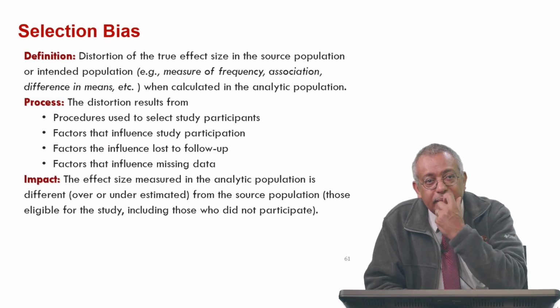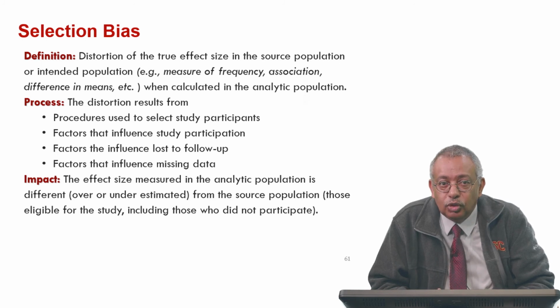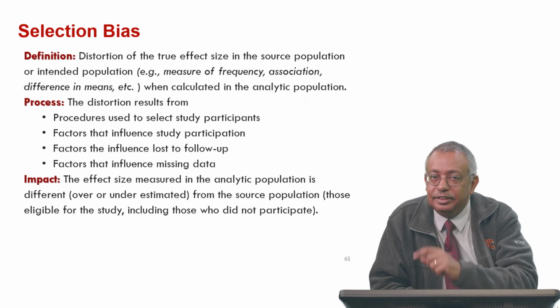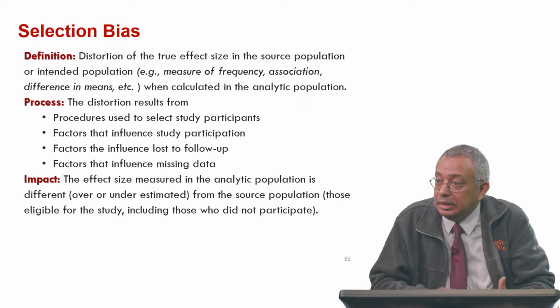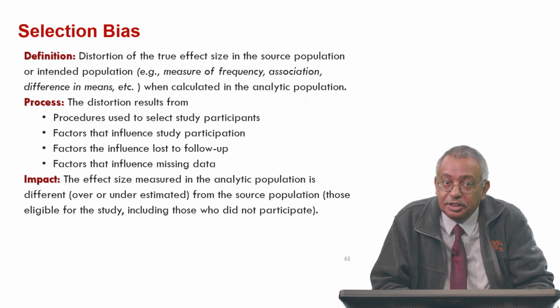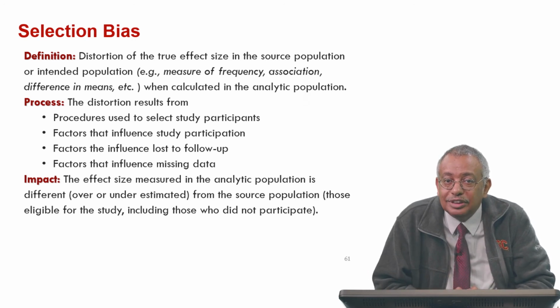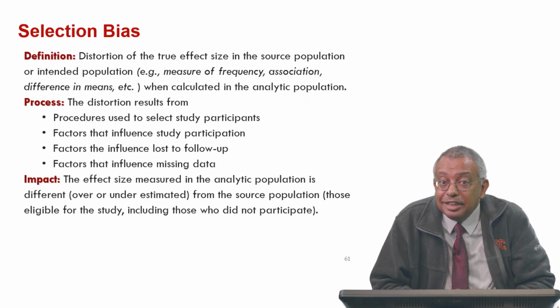So how do we define selection bias? Selection bias is really distortion of the true effect size in the source population, or what we call the intended population, when calculated in the analytic population. The distortion could result from procedures used to select study participants, factors or procedures that influence study participation, factors that influence loss to follow-up, or factors that influence missingness in the data.